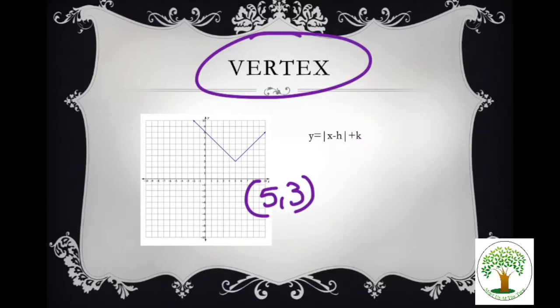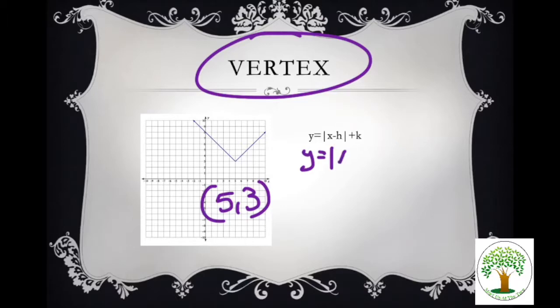So I should have y equals x minus something plus 3. Now we moved it in the positive direction, but those were opposite, so I'm going to have a minus 5 in there. So my vertex for this one is 5, 3.